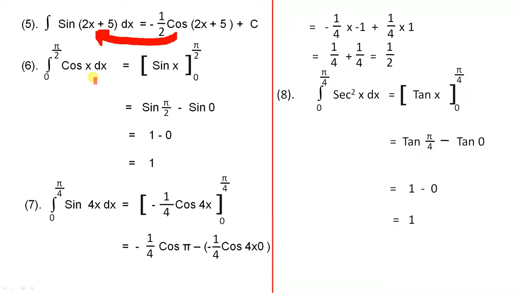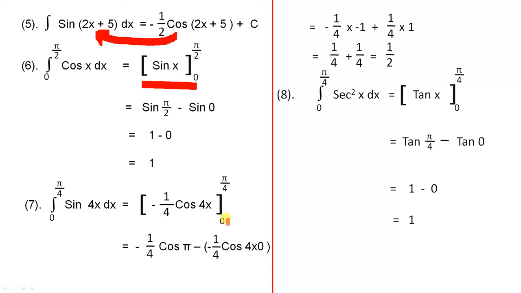Now here are some limits, and the integral from 0 to pi on 2 of cos x dx, that's the answer on that side. If we substitute pi on 2, we get sine of pi on 2 minus sine of 0, which is 1 minus 0, and that's 1. In a similar fashion here, if we integrate the left-hand side, that's the answer.